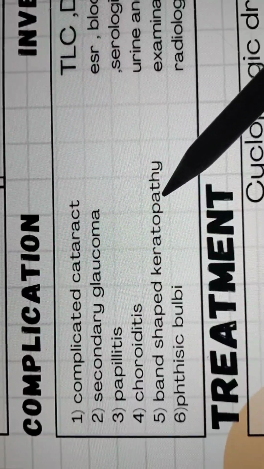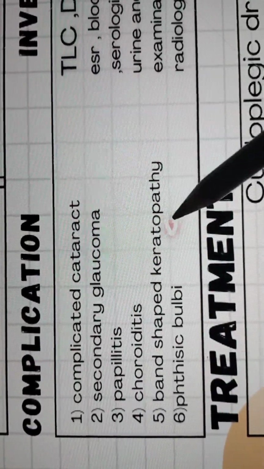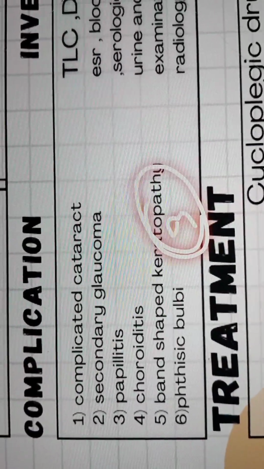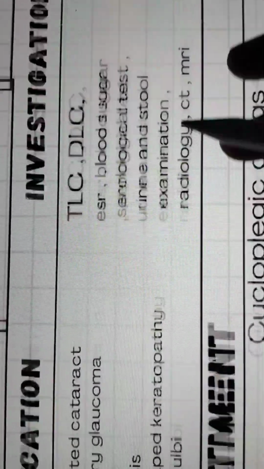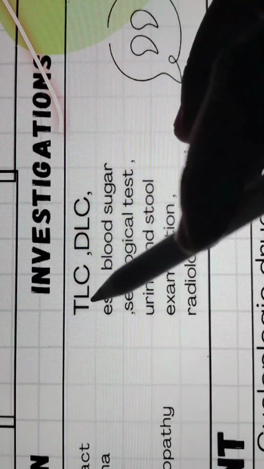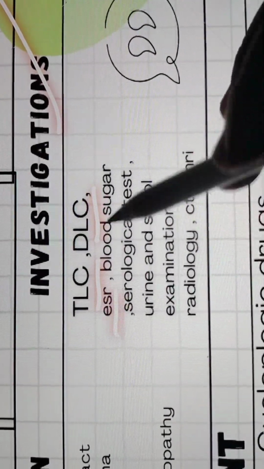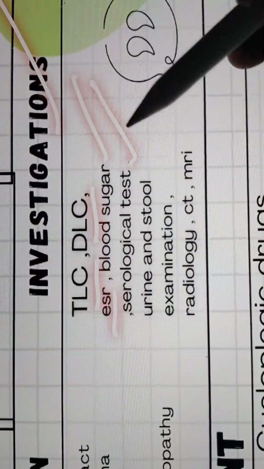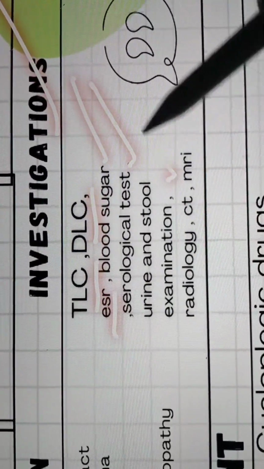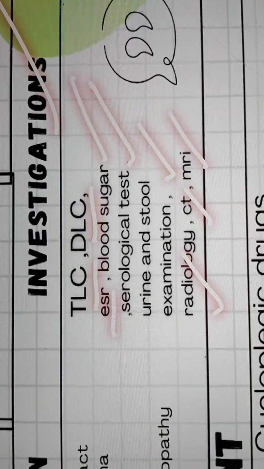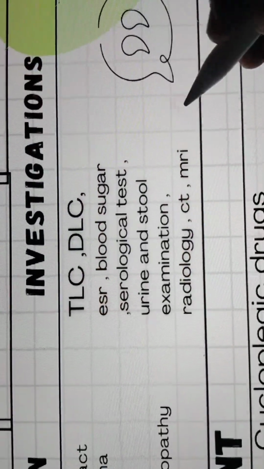There is a development of phthisis bulbi in 3 stages, which you will be studying in detail in the complications. Investigation, you will do TLC, DLC, ESR, blood sugar level, serology, urine and stool examination, radiology. CT and MRI scan can be done for the investigation.